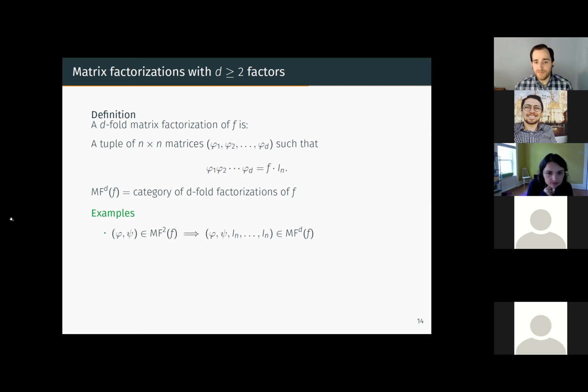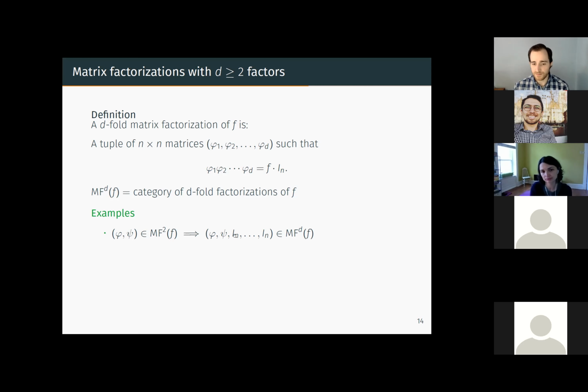So some really basic examples to start. The first thing you can sort of do if you're thinking about these things is if you have a matrix factorization in the normal sort of Eisenbud sense with two factors, you can inflate it by just tacking on a bunch of identity matrices. And this is going to, depending on the number of ones you add in, be a d-fold factorization of that. So this is pretty uninteresting.